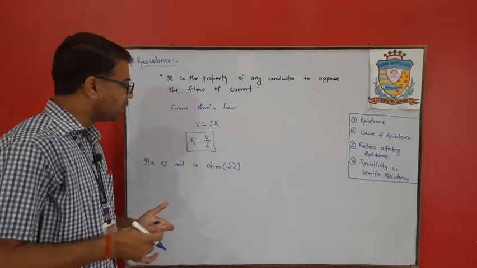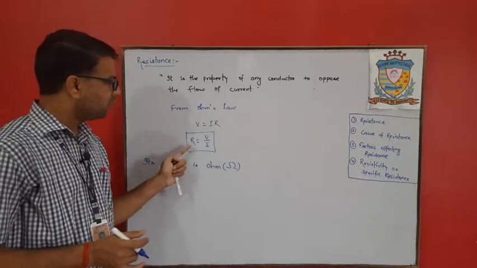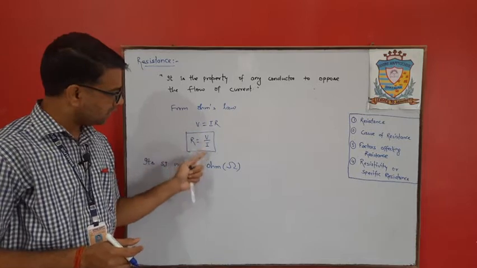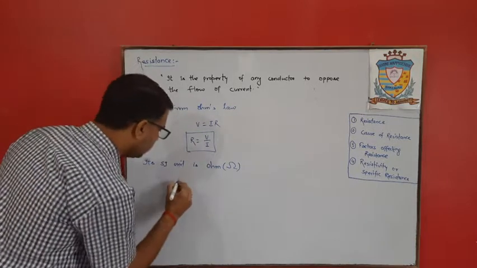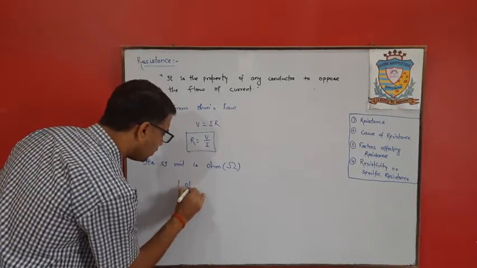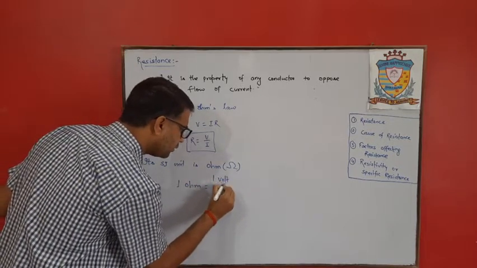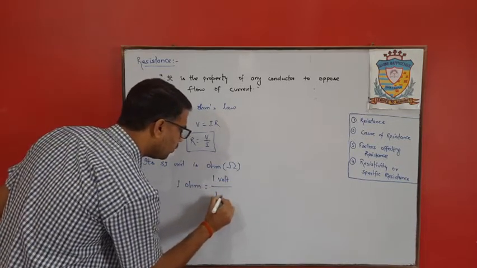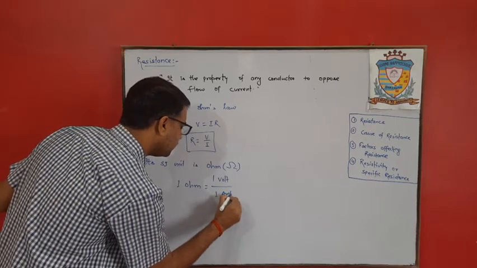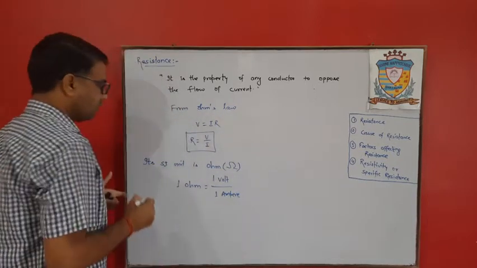To define 1 ohm, put the value 1 in each and every element. So, 1 ohm is equal to 1 volt upon 1 ampere.